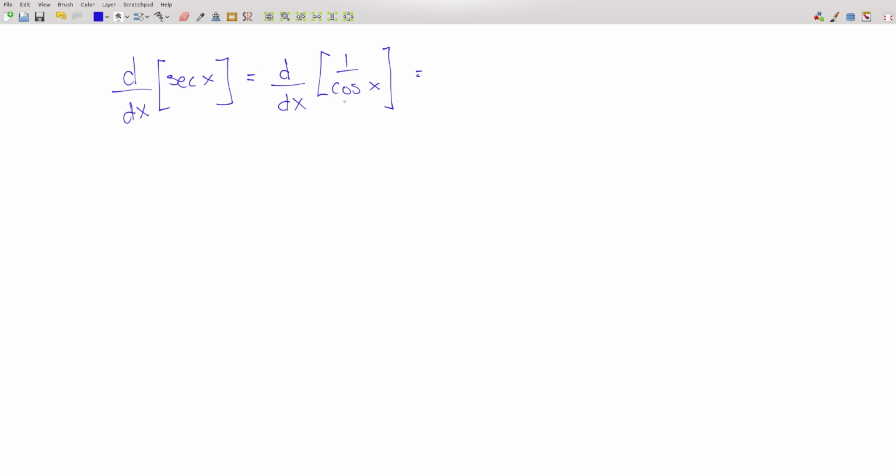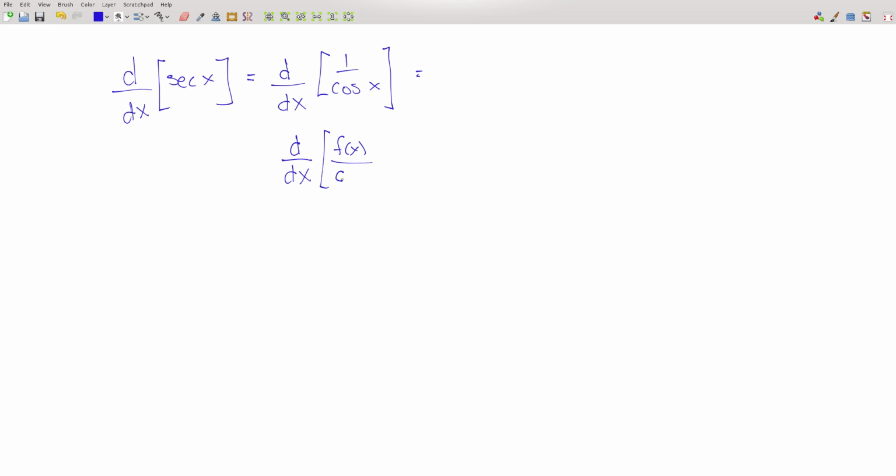And to find the derivative of 1 over the cosine of x, let's use the quotient rule. The quotient rule tells us that the derivative of the quotient of two functions can be found in the following way.